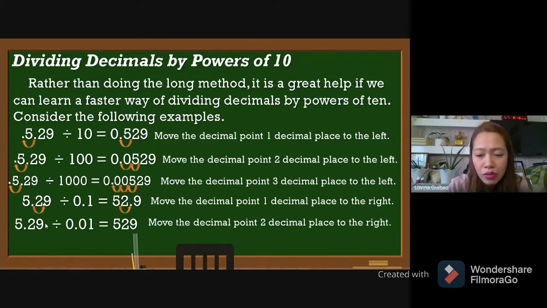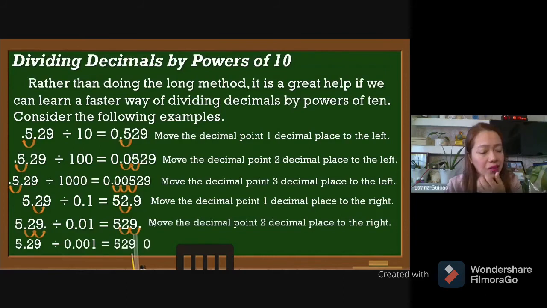Move the decimal point 2 decimal places to the right. So, 5.29 papuntang kanan, 1, 2. Kaya ang sagot is 529. Nalipat mo na si decimal point sa pinakadulo. Pag nasa dulo siya, sa kanan, disregard the point. You don't have to copy it. Okay?